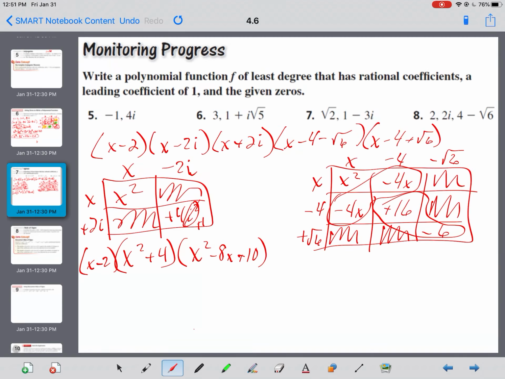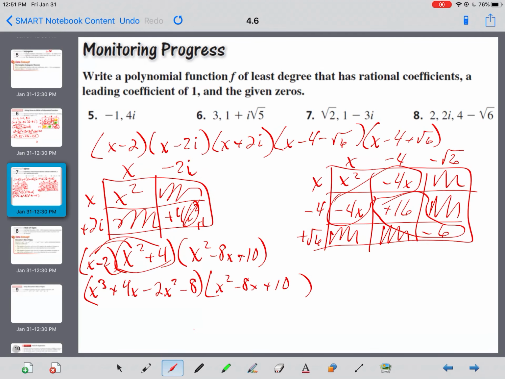Still got lots of bits and pieces to do. x times x squared is x to the third plus 4x minus 2x squared minus 8. And other than them being out of order, there are no like terms, so x squared minus 8x plus 10.